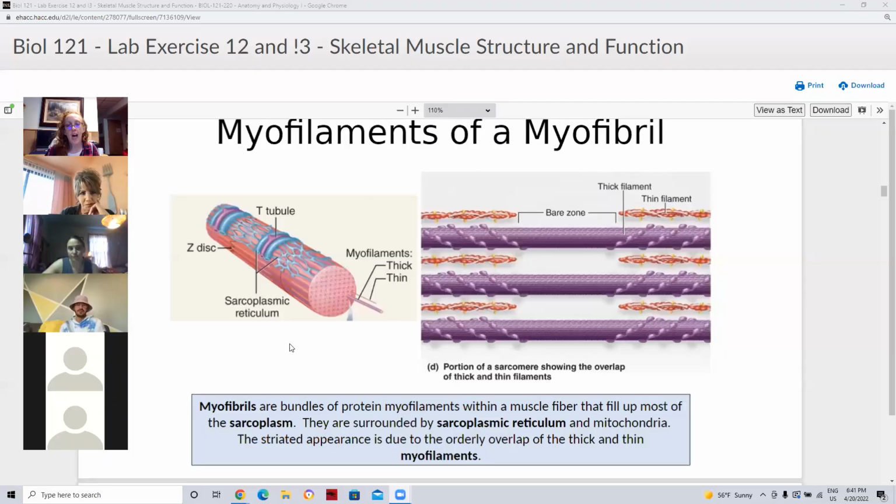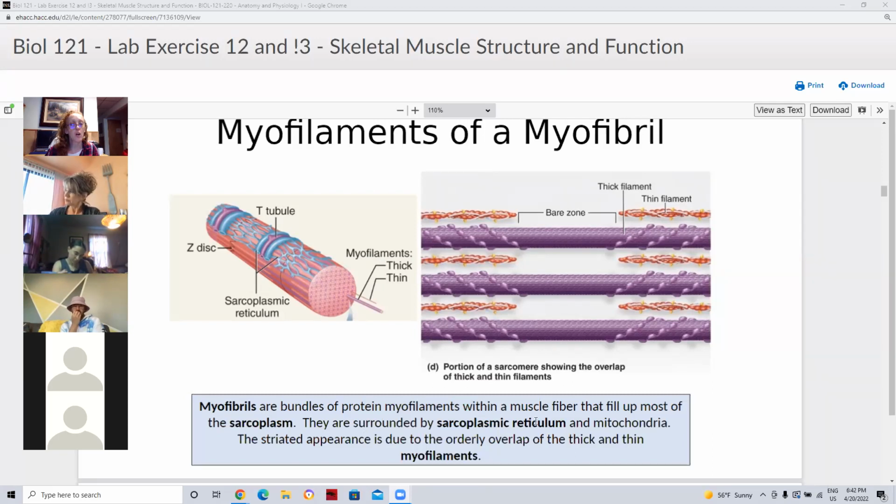So sarcoplasm is the cytoplasm within the muscle fiber. The sarcoplasmic reticulum is a specialized smooth endoplasmic reticulum that works as calcium storage, and we'll see this in writing on another slide.